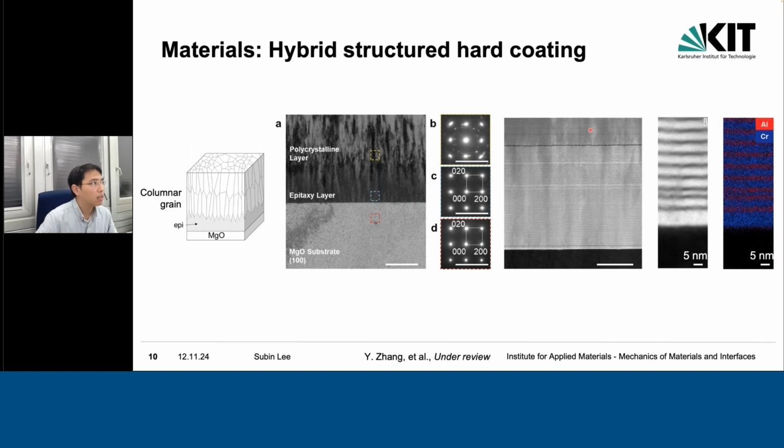I would call it a hybrid structured hard coating, because when we grew this multilayer structure on an MgO substrate, due to the very small misfit strain, it initially starts to grow in an epitaxial structure without grain boundaries. And at a certain point, the columnar grain structure pops up.